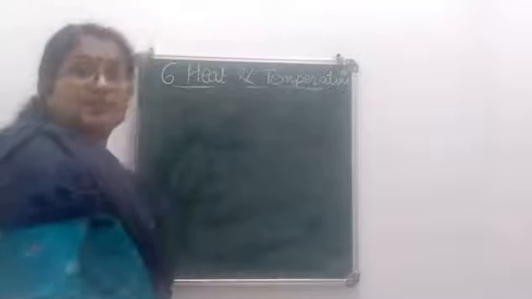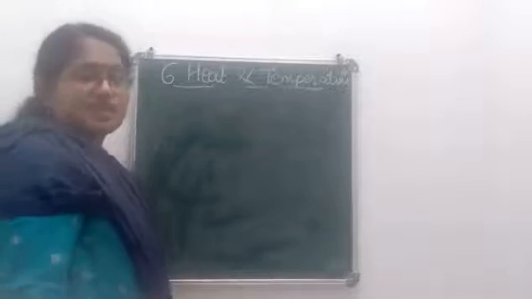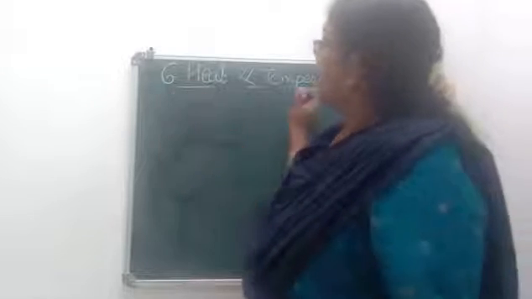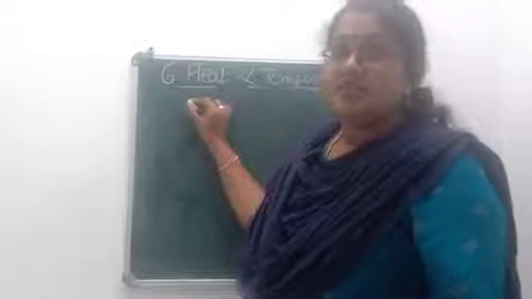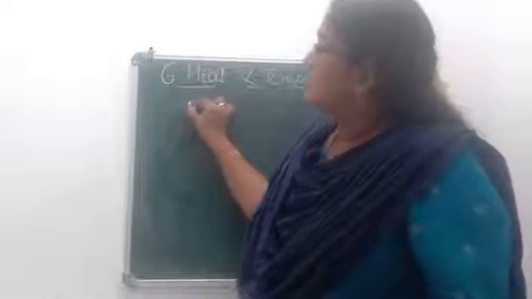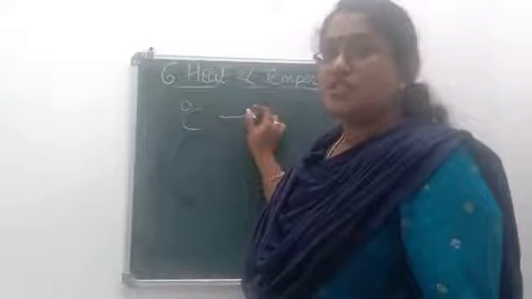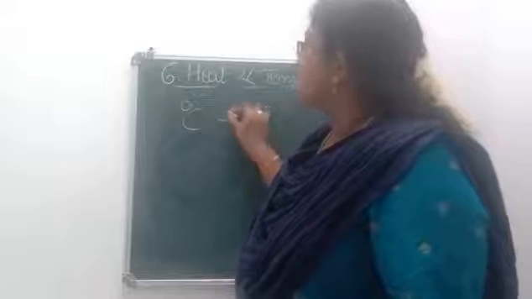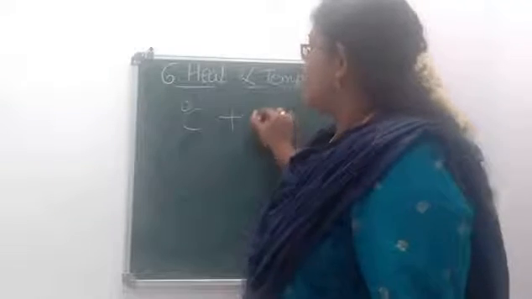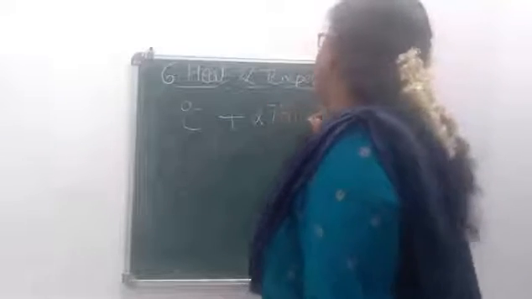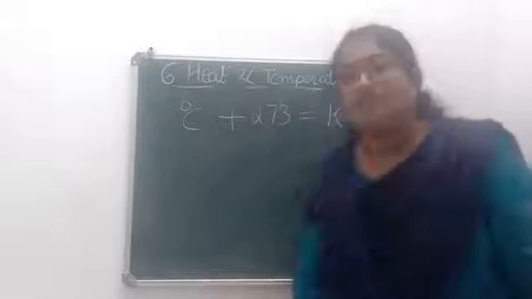Now about the conversions, it's important you should remember how to do the conversions between Celsius, Fahrenheit and Kelvin scales. It's very easy to convert the temperature in degree Celsius to Kelvin scale. Degree Celsius plus 273 will give you the temperature in Kelvin scale.